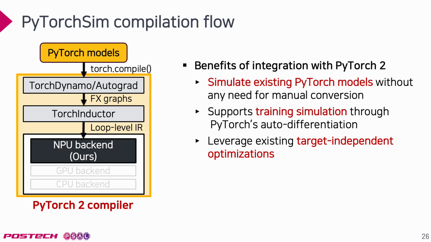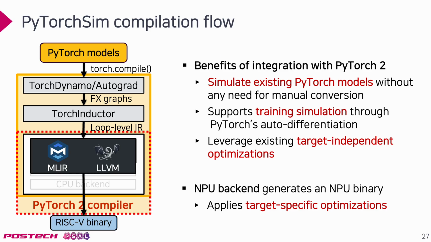Then TorchInductor takes that computational graph and applies target-independent optimizations that are shared across different architectures, such as MPU, CPU, or GPU. Then it converts that computational graph into loop-level IR. And this is where our MPU backend comes in.